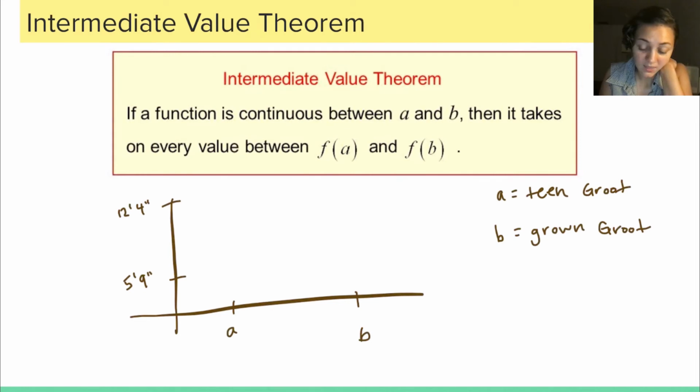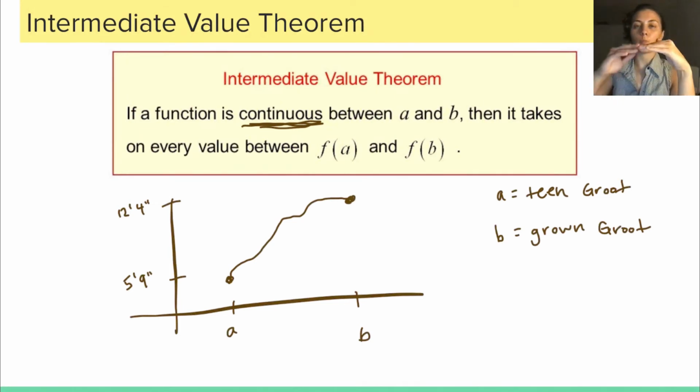Okay. And the key here with the intermediate value theorem is this one word, continuous. So when I connect these points between A and B, I have to draw a continuous line. So I don't really know what his height looked like. I just know it was continuous. Obviously when you grow, you don't just jump from one foot to another.